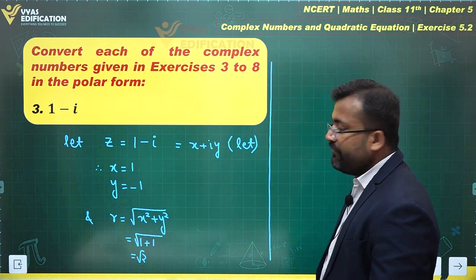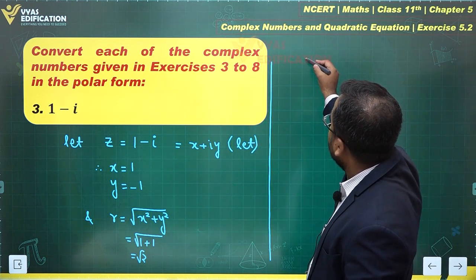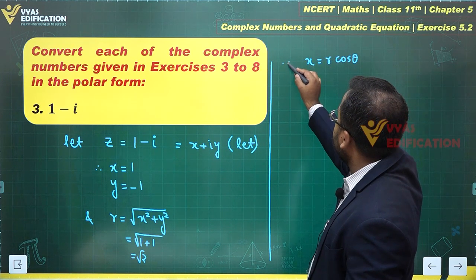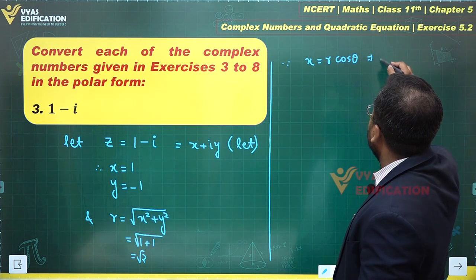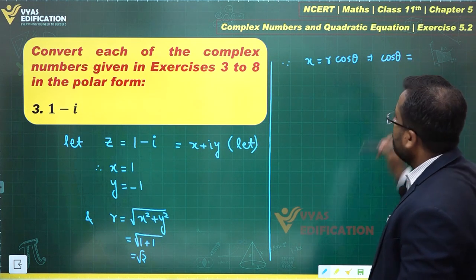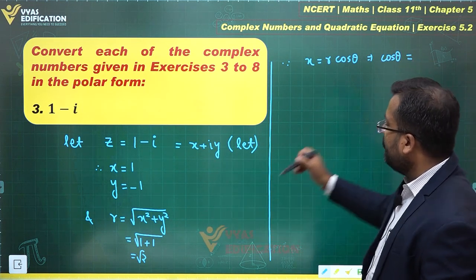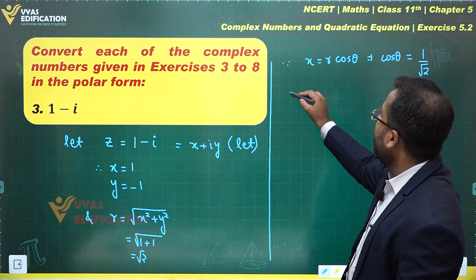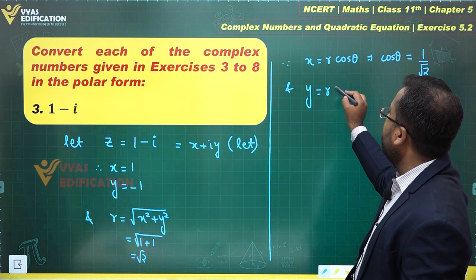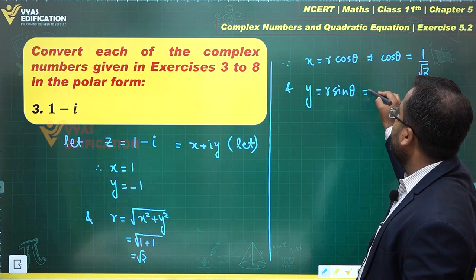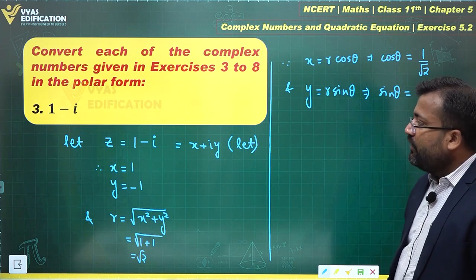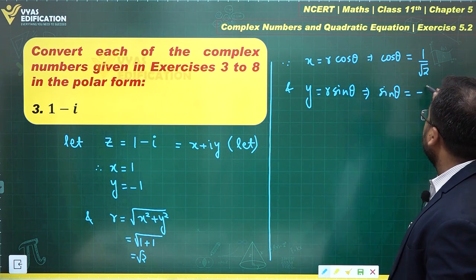Also, we know that x equals r cos theta. This implies that cos theta becomes equal to x over r, which is 1 by root 2. And y is equal to r sin theta, which implies sin theta is equal to y over r, which is minus 1 by root 2.